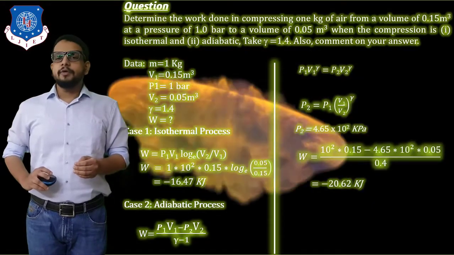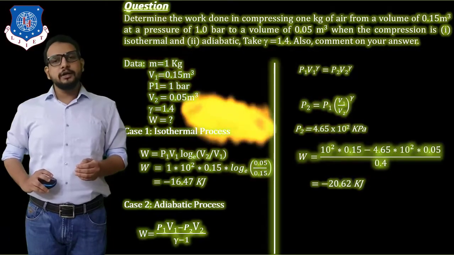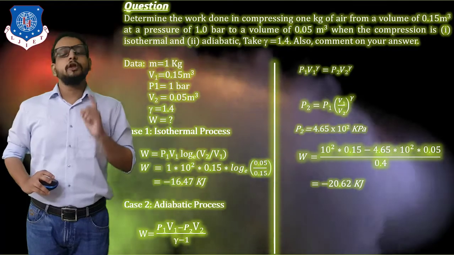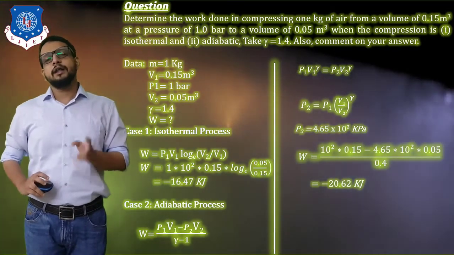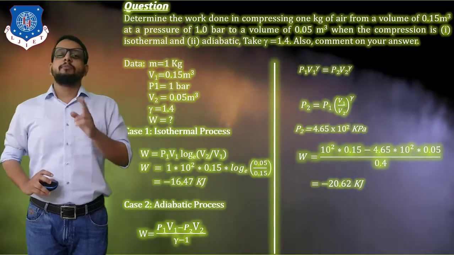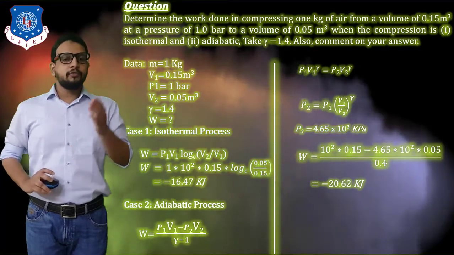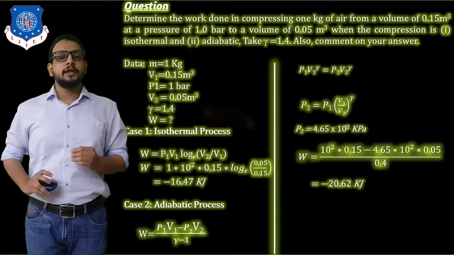Now whenever we are going to find work done, remember that work done is required in kilojoule. Always keep this in mind. So we need to keep the corresponding pressure in kilopascal. We substitute all the values in our formula of work done for the adiabatic process.